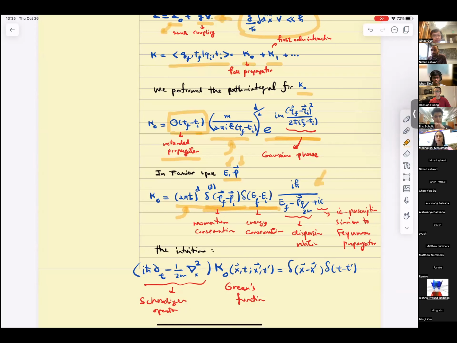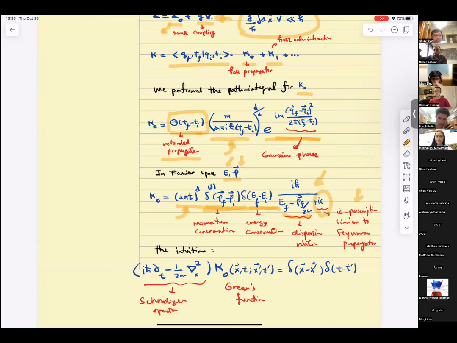Then there is this term, which is the core of the free propagator: 1 over the dispersion relation. We said that we often shift this by some i epsilon. We call this the i epsilon prescription, similar to the Feynman propagator, because in the Fourier transform, otherwise we're integrating through a pole.